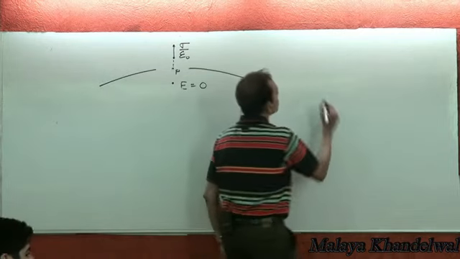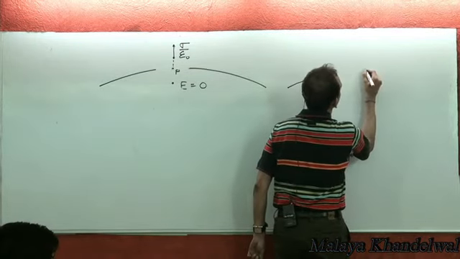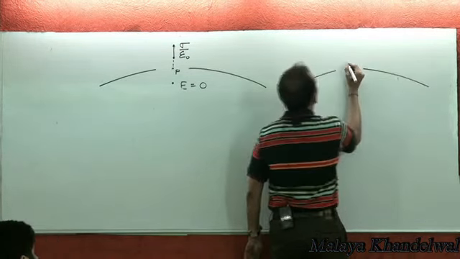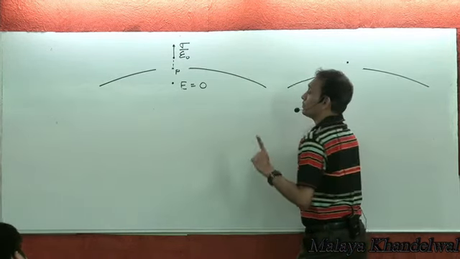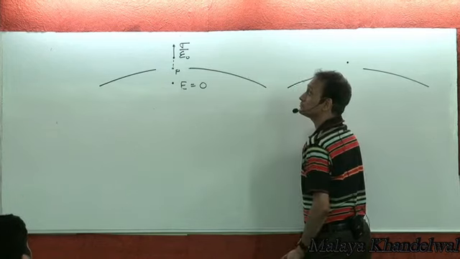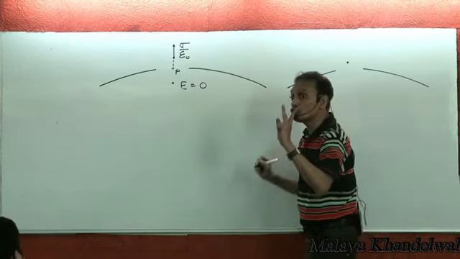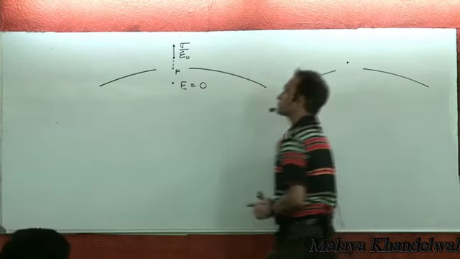Now, see, if I look at a point just outside P, there is electric field at this point because of two things.